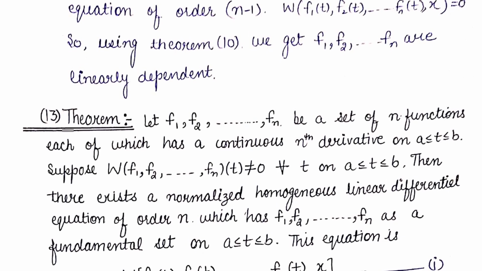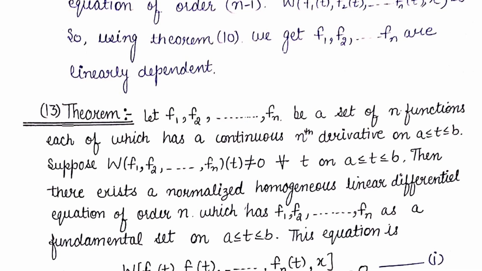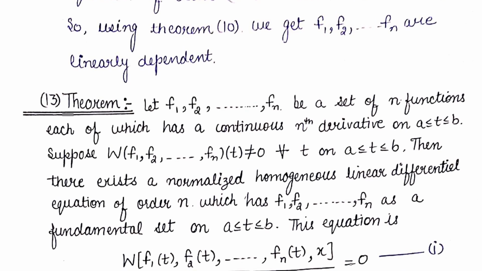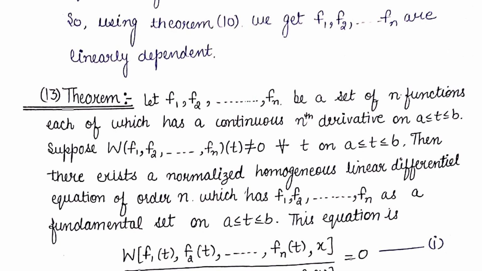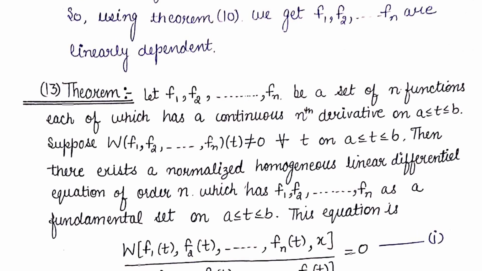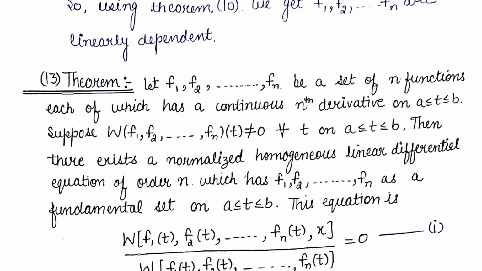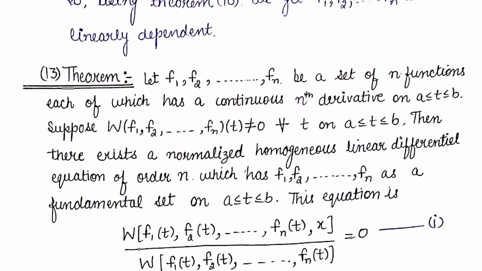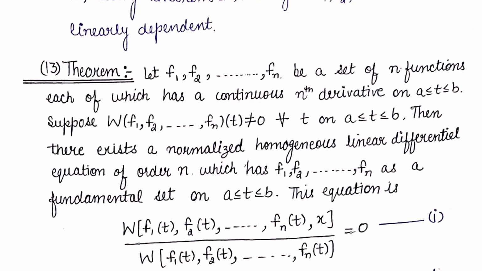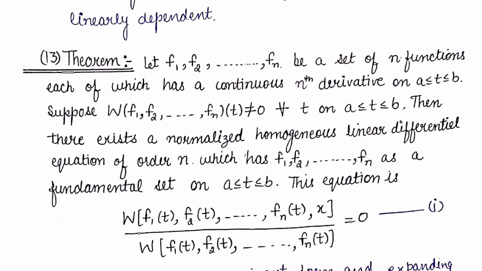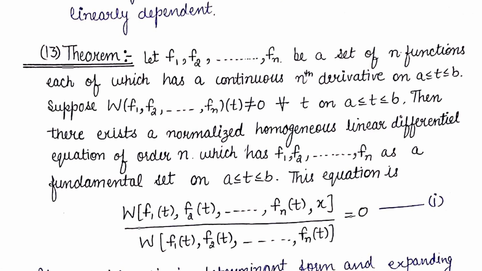In our next theorem, we will prove that given any set of n functions, we can construct a differential equation of order n such that the functions f1, f2, ..., fn become the fundamental set for the constructed differential equation.